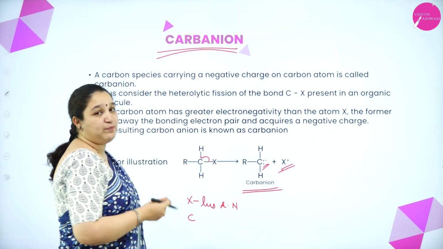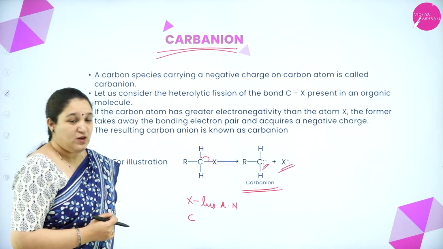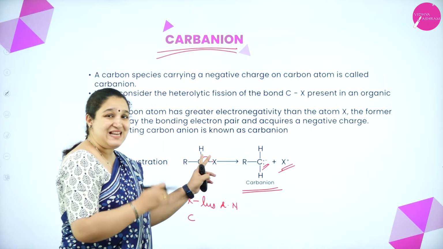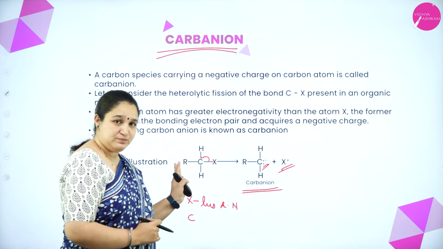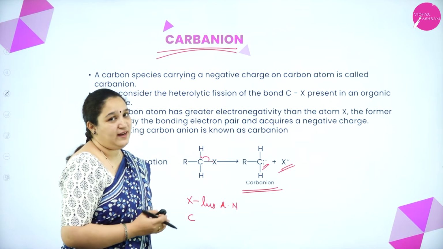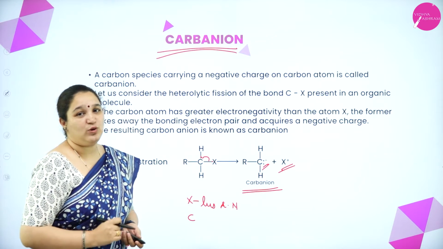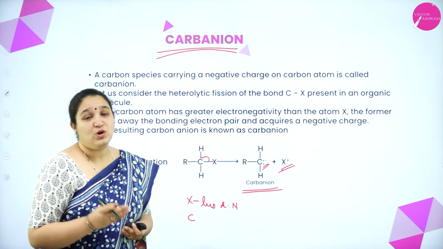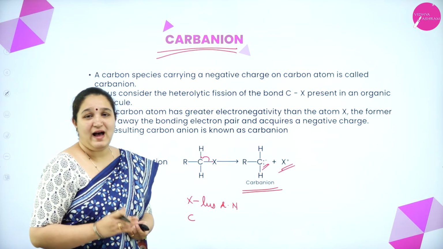At that point of time, carbanion is formed. So, the atom which is bonded to carbon atom is less electronegative than carbon. Then carbon can get the negative charge due to heterolytic fission. Okay. So I hope you have understood what is the meaning of carbanion.